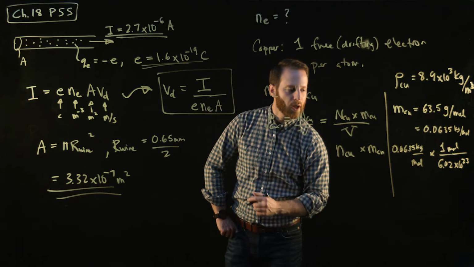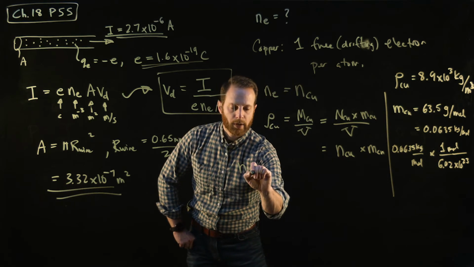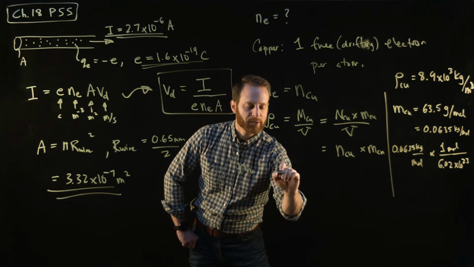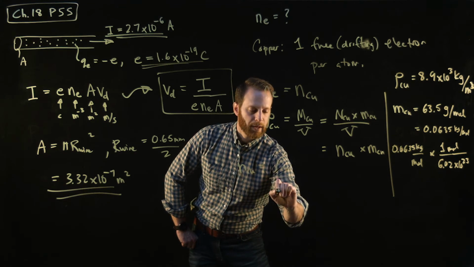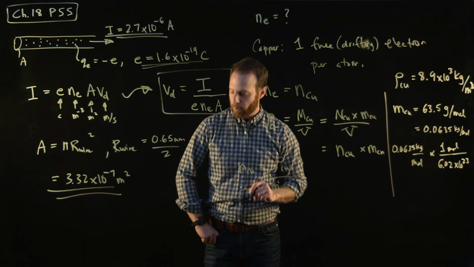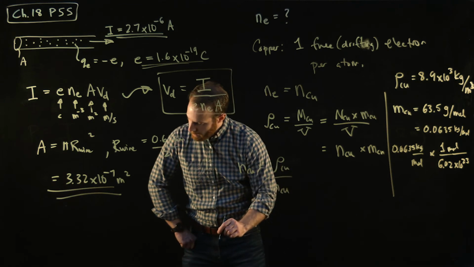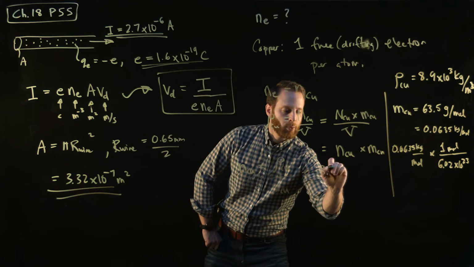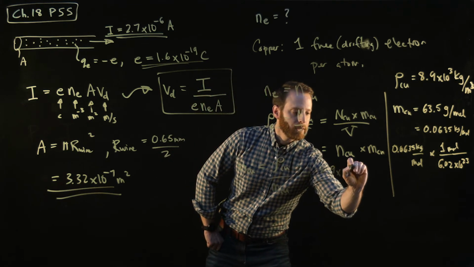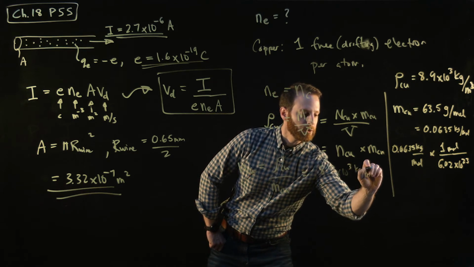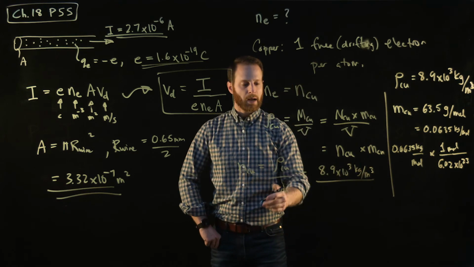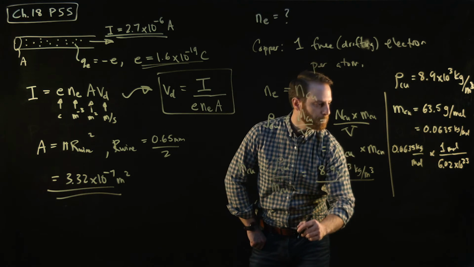We're trying to solve for the number density of copper. Apparently the number density of copper is equal to the mass density of copper divided by the mass of an individual copper atom. This is 8.9 times 10 to the 3 kilograms per meter cubed, divided by the mass of copper.